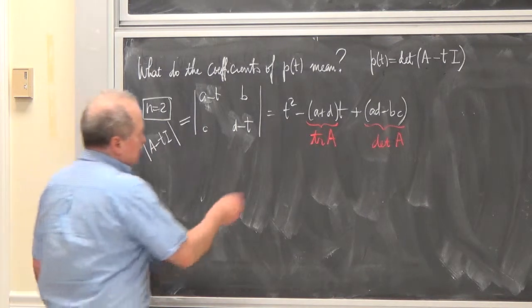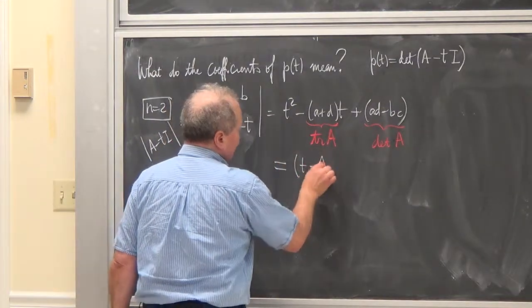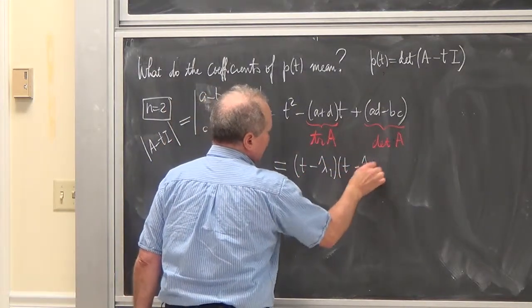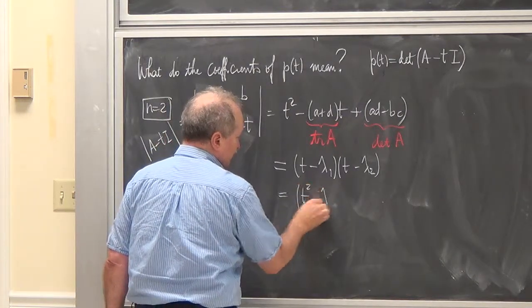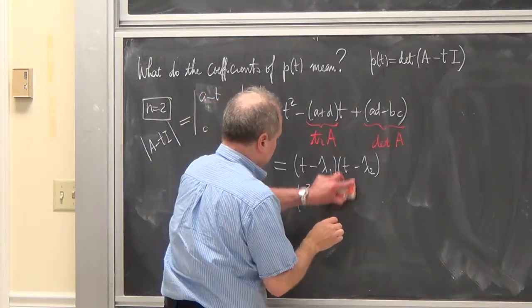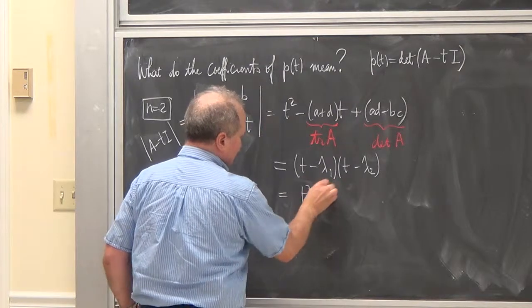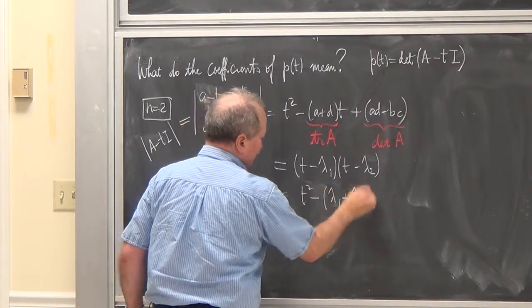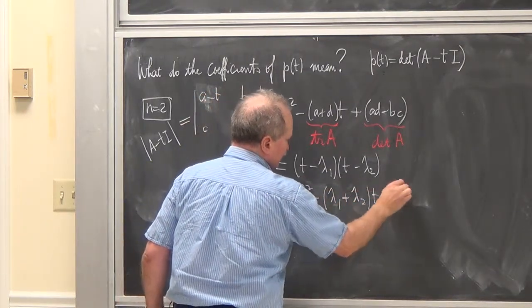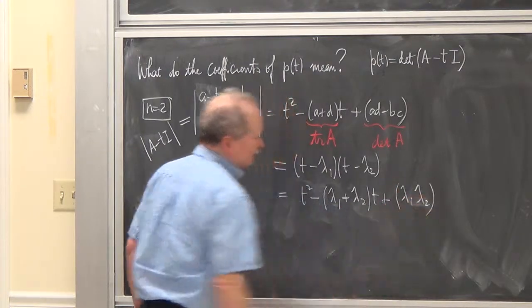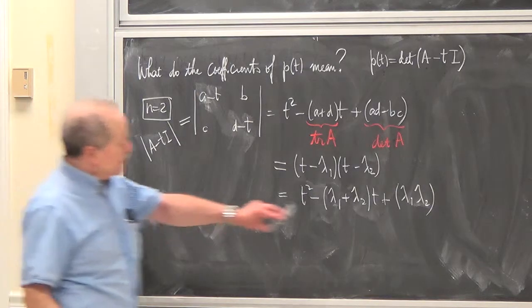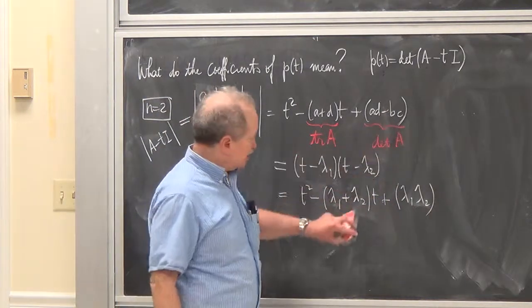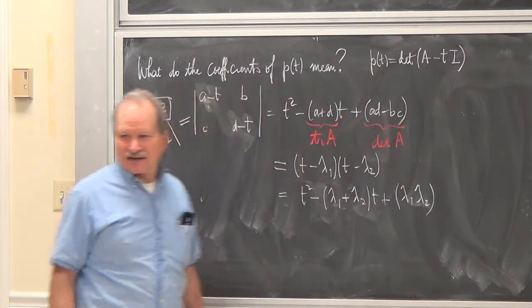So this is actually interesting already. What does this tell you? It tells you the product of the eigenvalues is the determinant, and the sum of the eigenvalues is the trace.